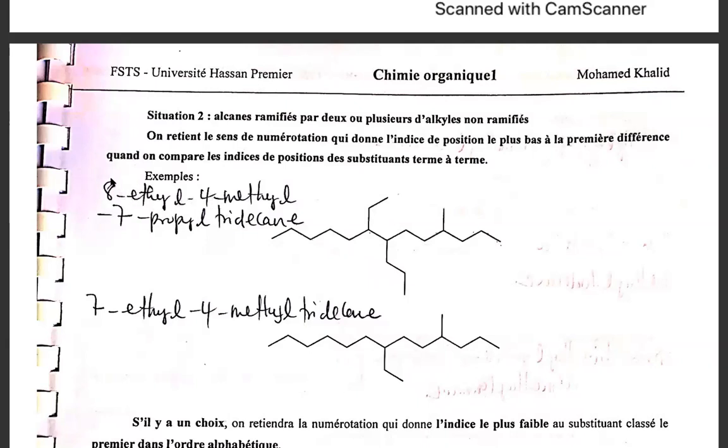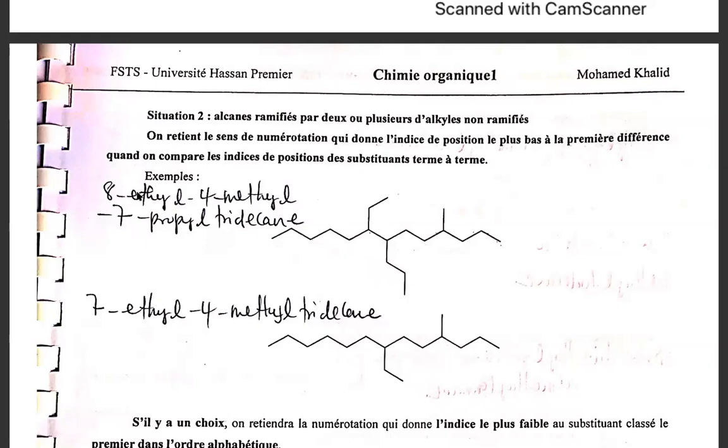You have seen here this is 8 and this is 7, then you have a 4 in between. The numbers are never supposed to be in ascending or descending order. Numbers appear the way they do because they depend on the positionings of these substituents in the alphabet.